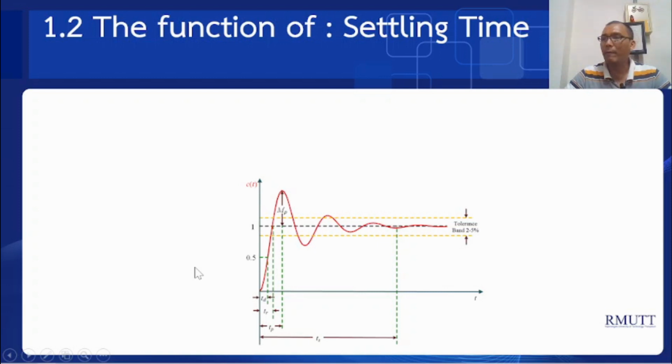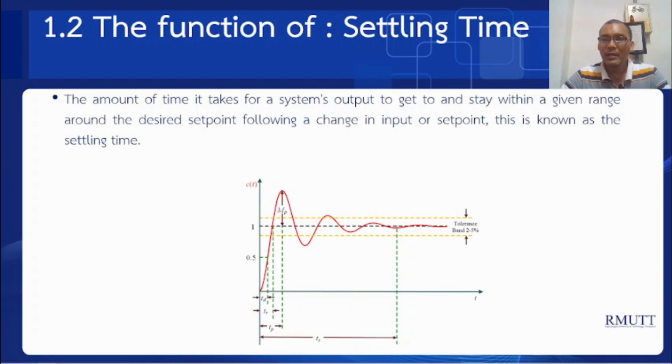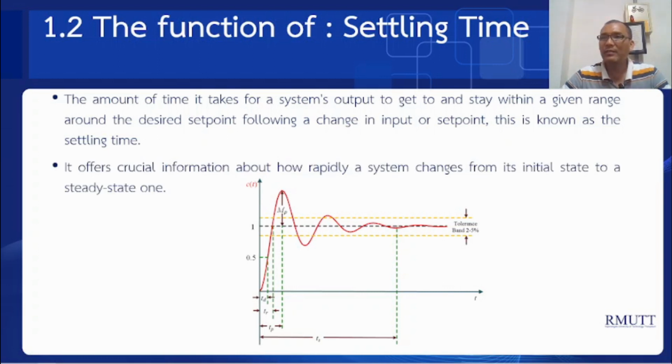The next variable is settling time. Settling time is the amount of time it takes for a system's output to get to and stay within a given range around the desired set point following the change in input or set point.